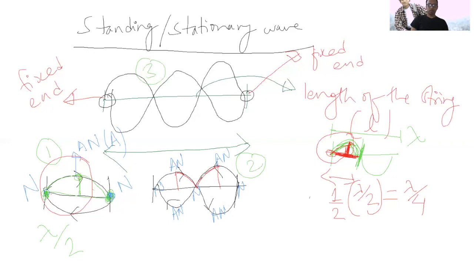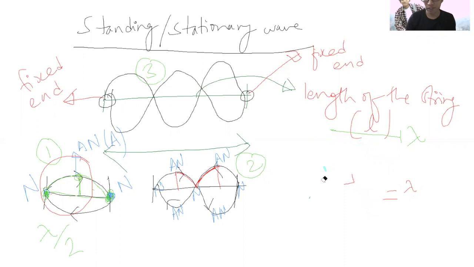When I sum them together, it gives me lambda over 2. So the conclusion is that in a standing wave, the distance between two consecutive nodes is lambda over 2, the distance between two consecutive antinodes is lambda over 2, while the distance between a node and an antinode is lambda over 4, right? Because we have to deal with this case in many situations. So let's go into the conclusion part, right?